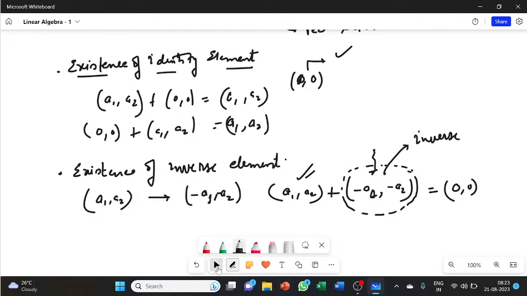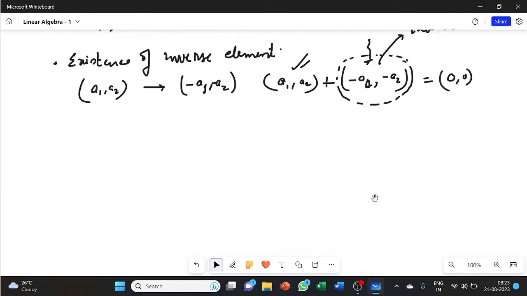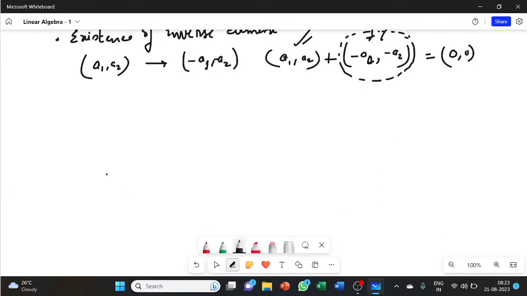Now think about the properties that you can think of in scalar multiplication. Some of the properties that you can think about in scalar multiplication.